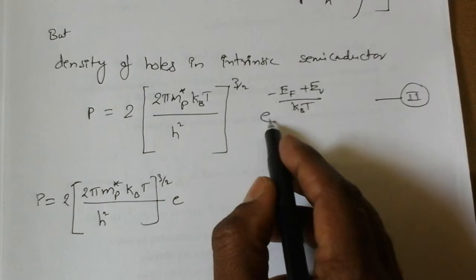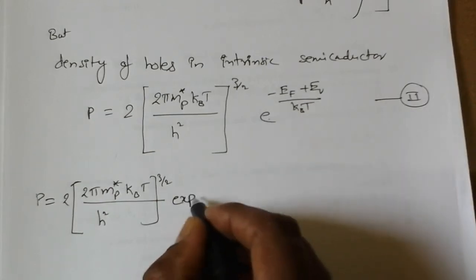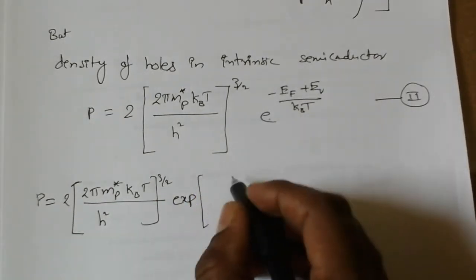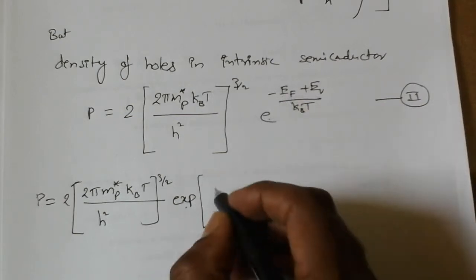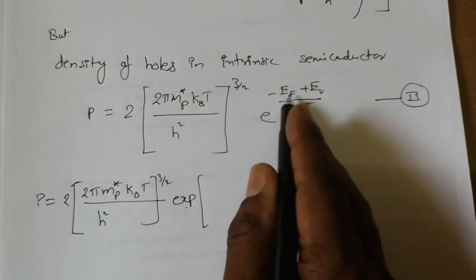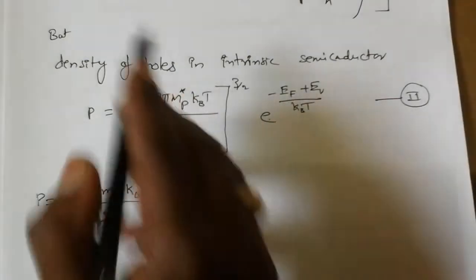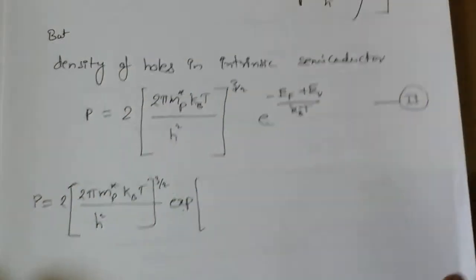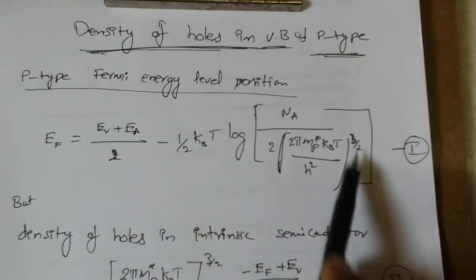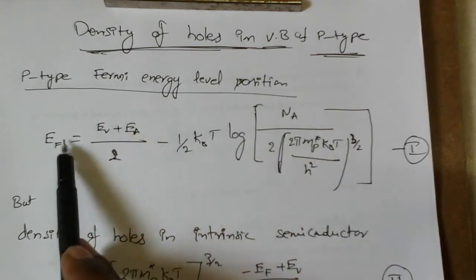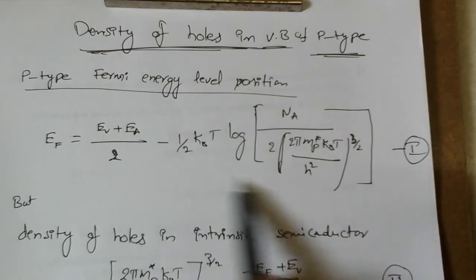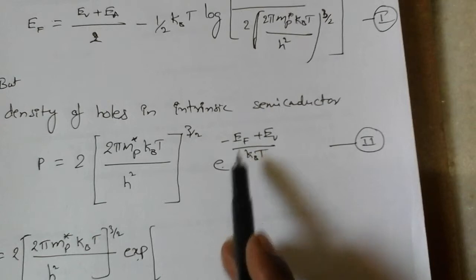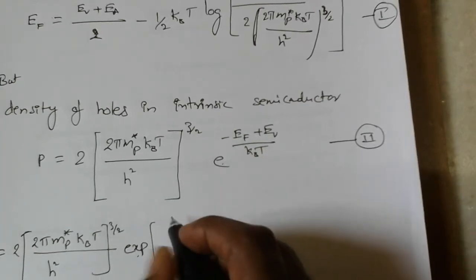This e I am writing as exponential for ease. Minus EF means the entire EF value is written here.